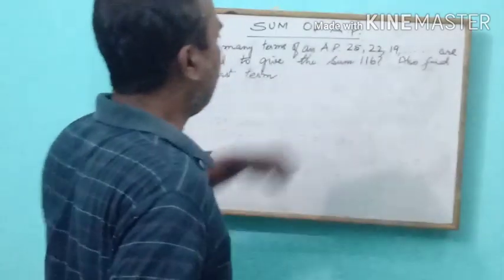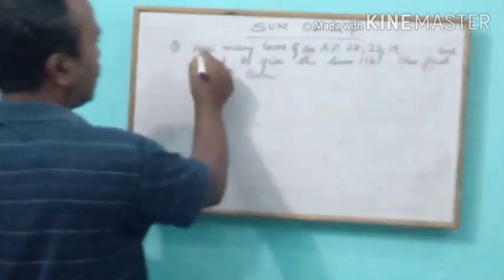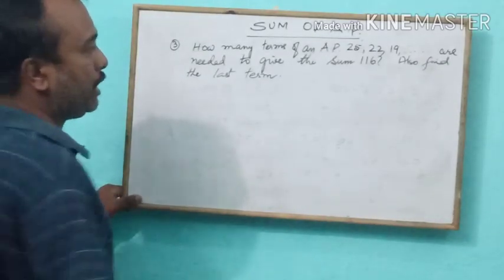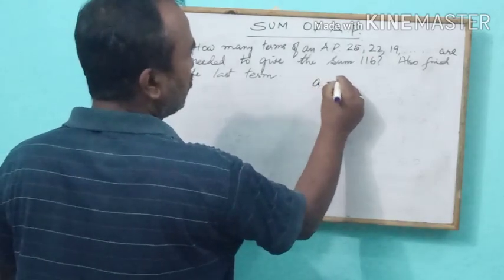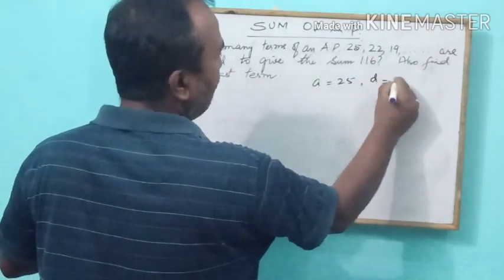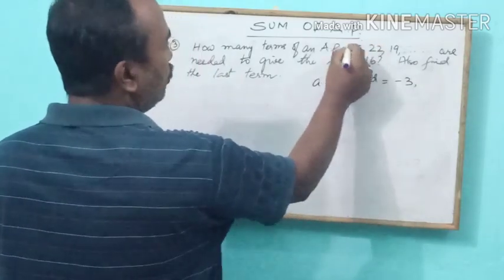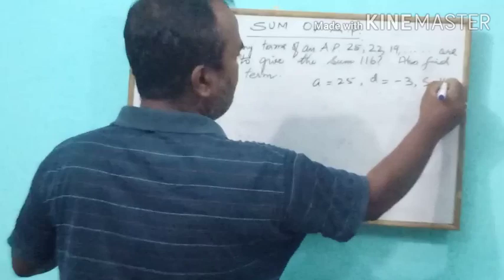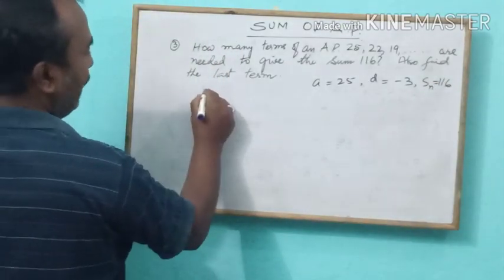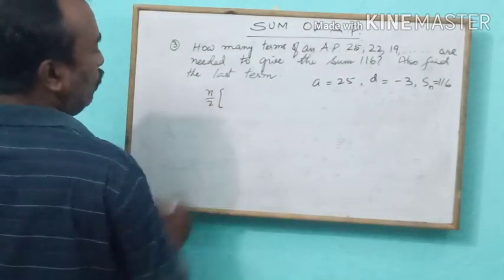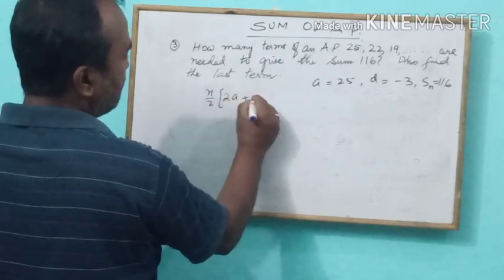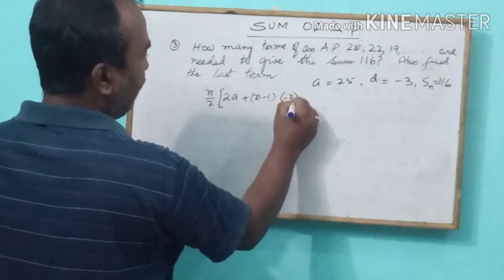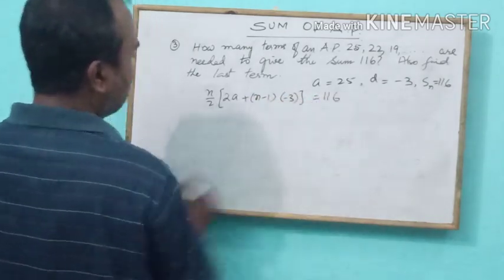Well, here a is 25. In this question: how many terms of the AP 25, 22, 19 are needed to give the sum 116? So a is 25, d is minus 3, because 22 minus 25 is minus 3, and Sn is 116. The formula is n by 2 into (2a plus (n minus 1) into minus 3), and this is 116.